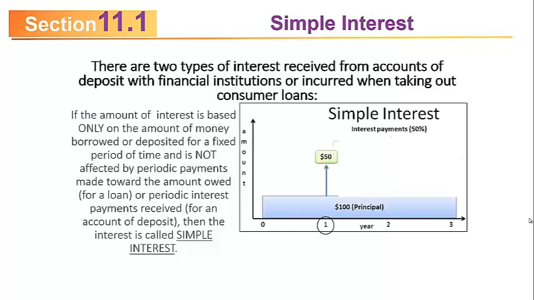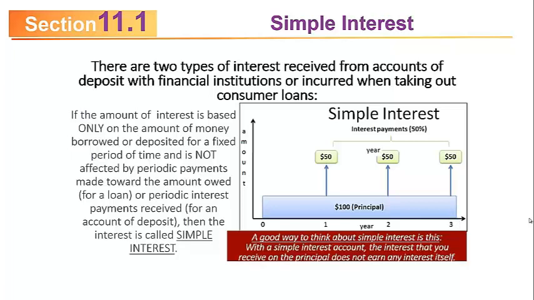Take a ridiculous example where you had 50% simple interest payments. If you start out with $100, after year one, 50% of 100 is 50, you'd get a $50 payment. After year two, you'd get a $50 payment, and after year three, you get a $50 payment. The simple interest idea is that the principal stays the same and you get a certain amount off of that each year. That's simple interest.